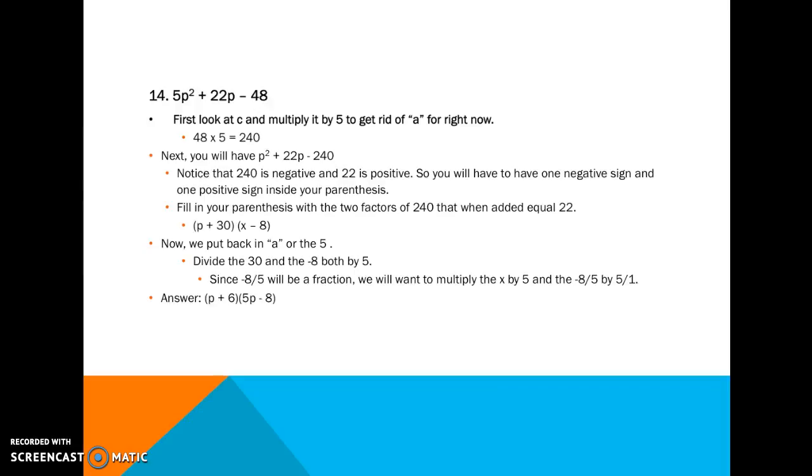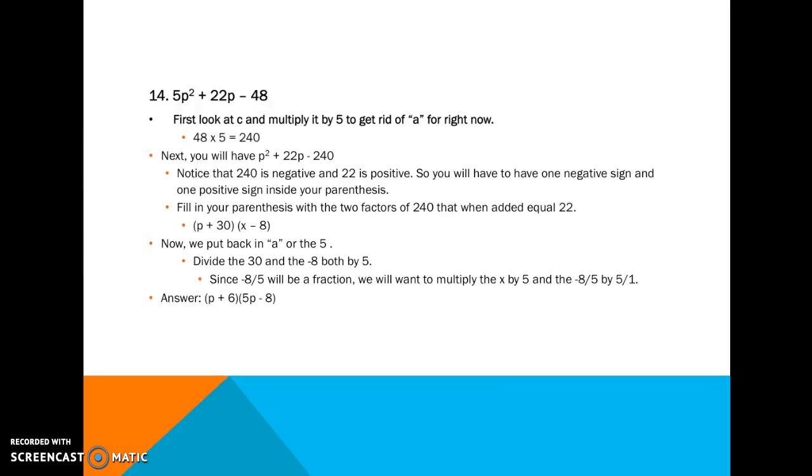So what do you think we're going to do? We're going to look for factors that when you multiply them by each other equal 240, and when you add them together equal 22.